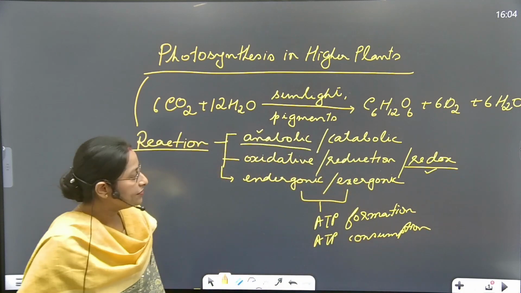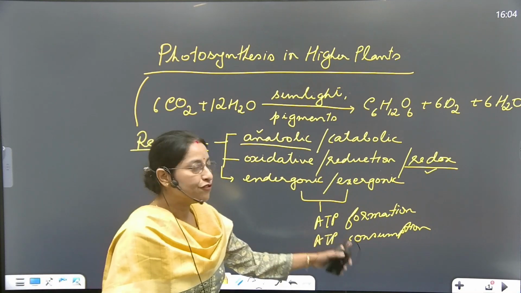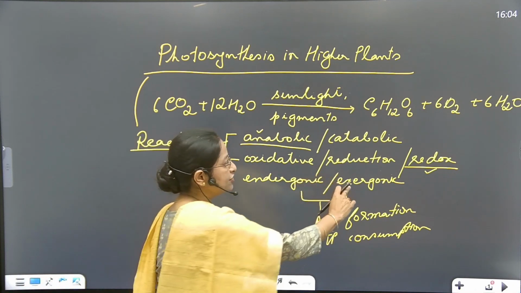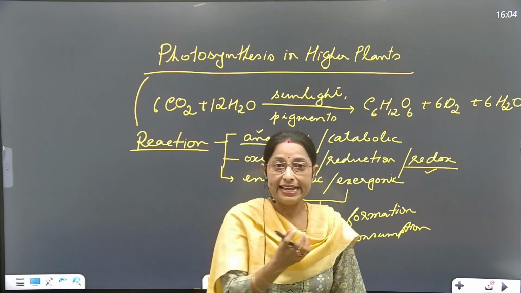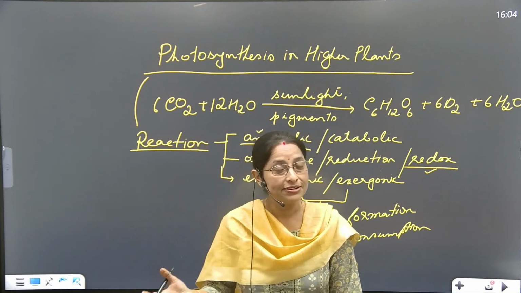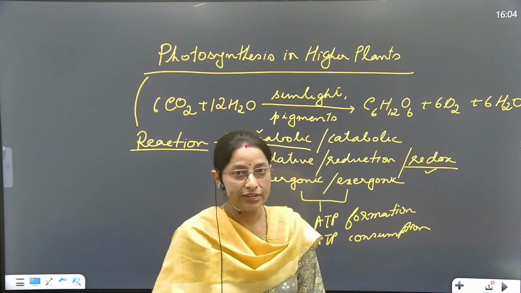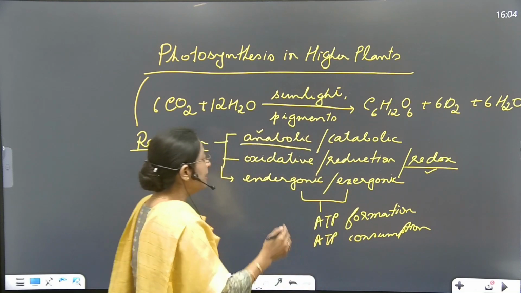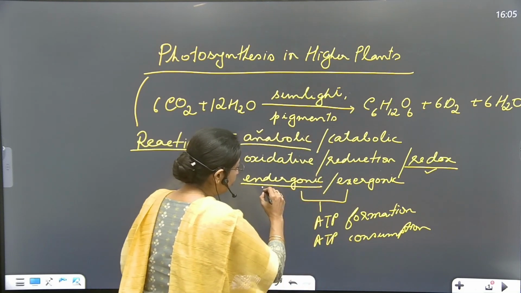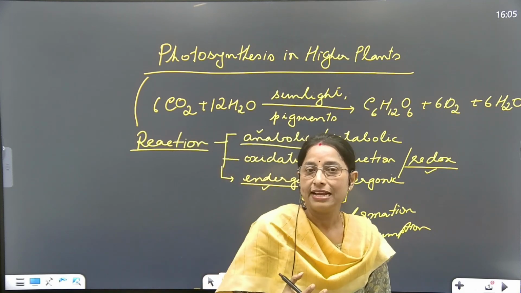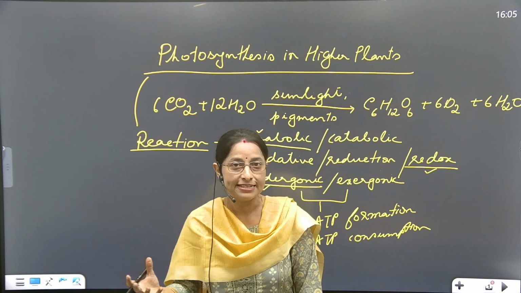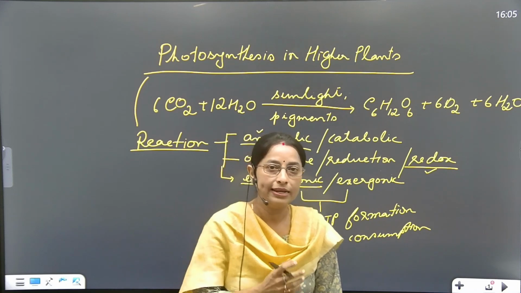Any reaction in which ATP is formed would be called an exergonic reaction. And any reaction that consumes ATP would be called an endergonic reaction. And we will see that photosynthesis is an example of an endergonic reaction, because it utilizes ATP. As we go on in the chapter, we'll come to know about it.